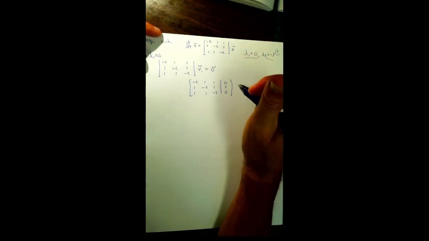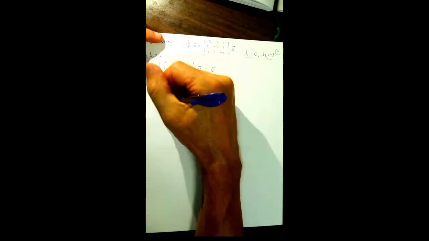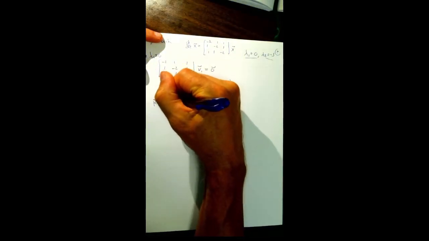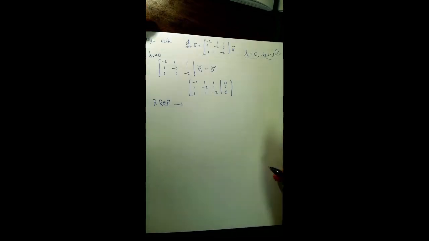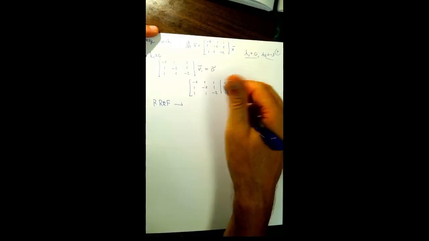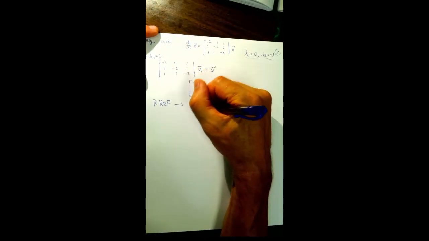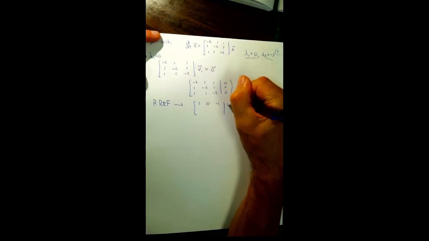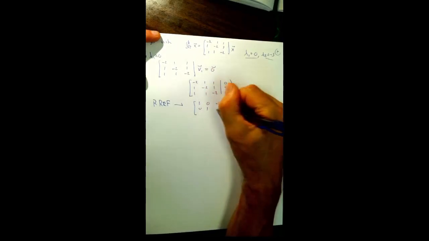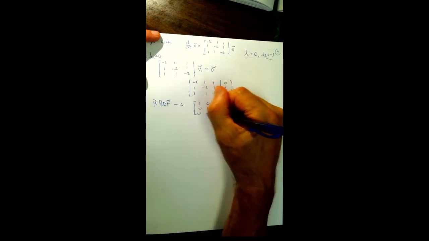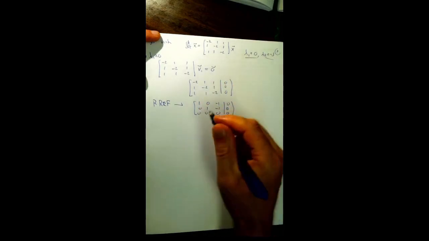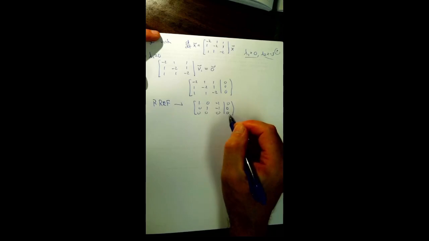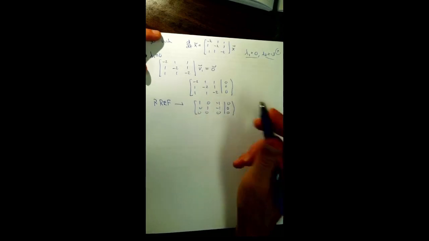All right, you've seen me do this. You should be able to do this on your own at this point. You don't need to watch me do this, but you should be able to work with this and get this down to 1, 0, minus 1, 0, 1, minus 1, and 0, 0, 0, 0. If you do not get a row of all zeros here at the end, something bad happened.